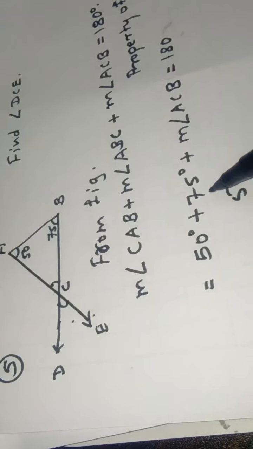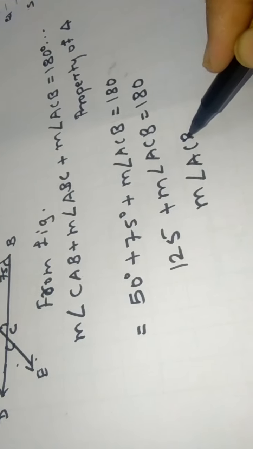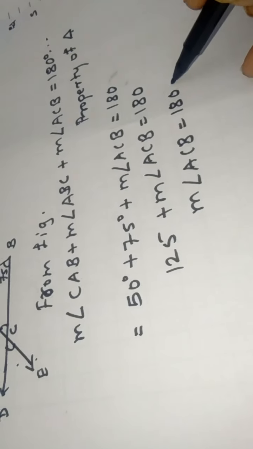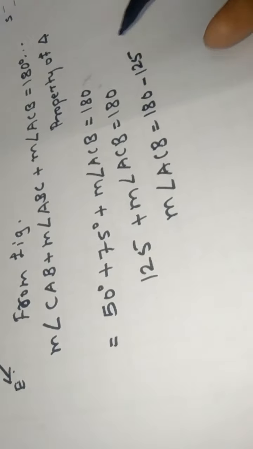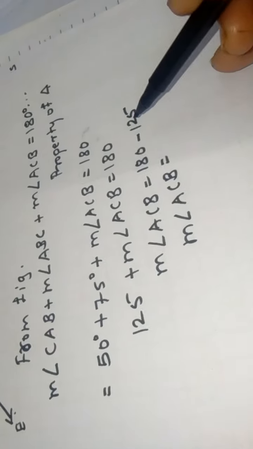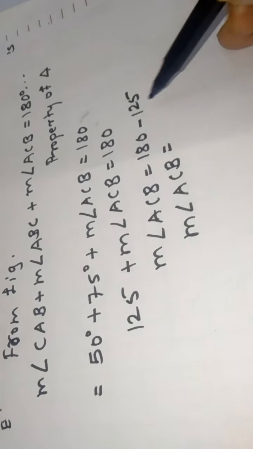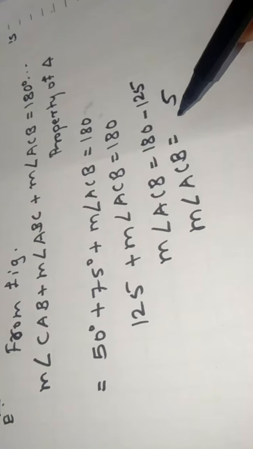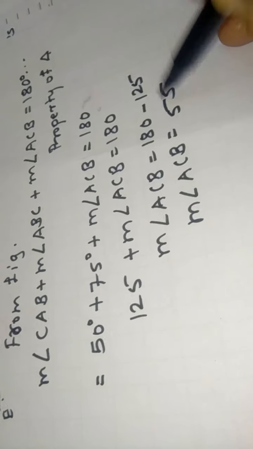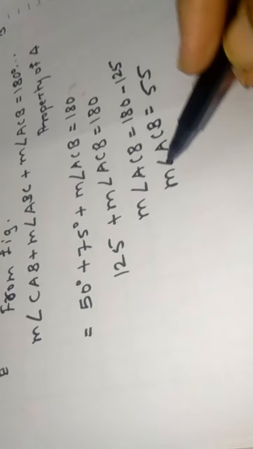That is, measure of angle ACB is equal to 180 minus 125. 10 minus 5 is 5, 17 minus 12 is 5, so 55 degree.